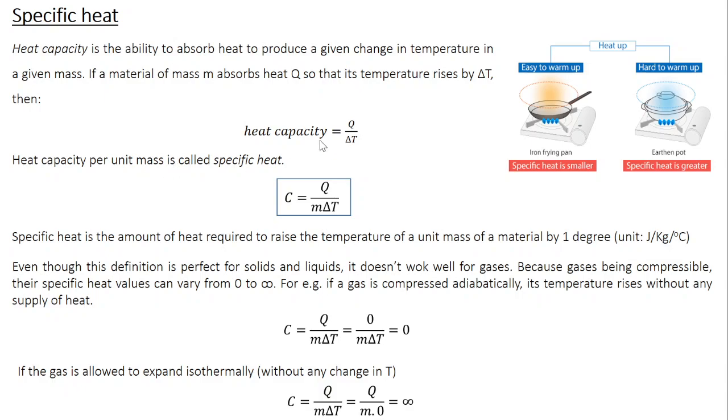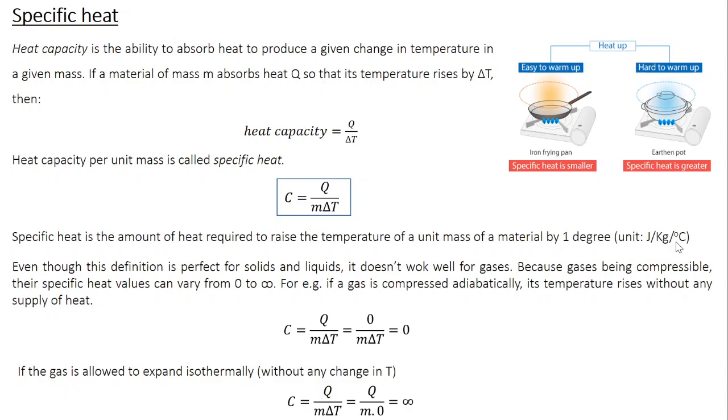So if you take heat capacity Q by delta T, divide it with the mass of the system, then you get specific heat C. So C is defined as Q divided by m into delta T. So you can also define it as the amount of heat required to raise the temperature of a unit mass of a material by 1 degree. Now the unit of specific heat is joule per kilogram per degree Celsius.